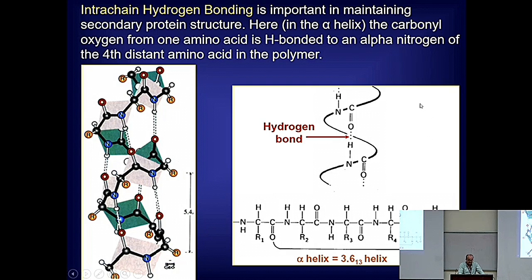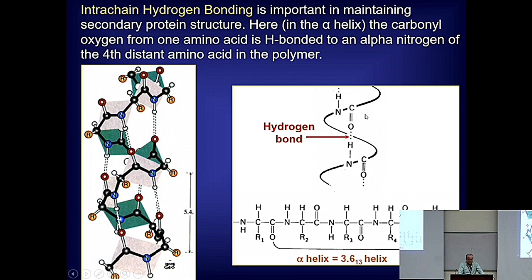Actually, it so happens that these two peptide bonds are 4 residues apart, are separated by 4 amino acids.